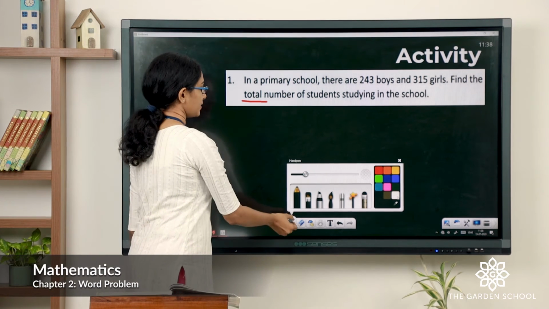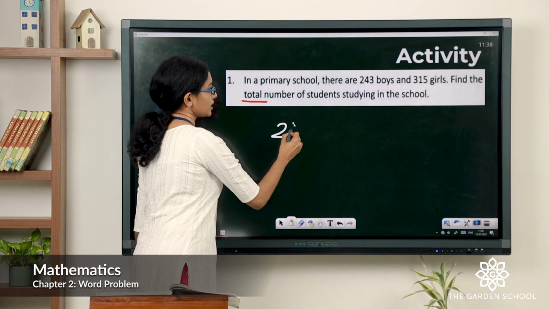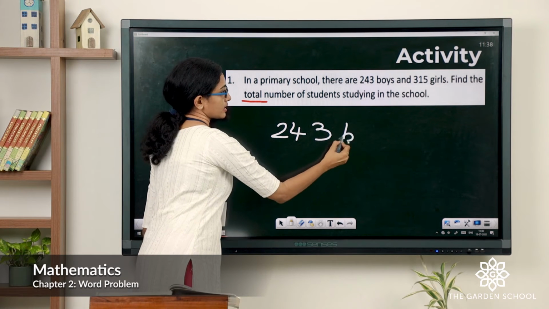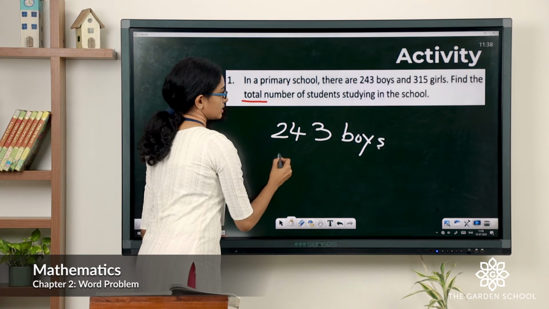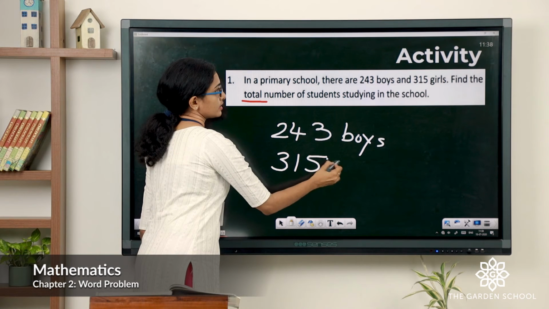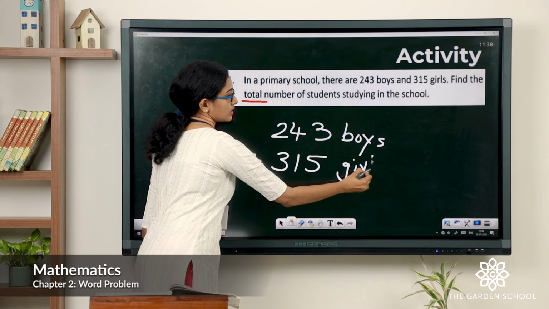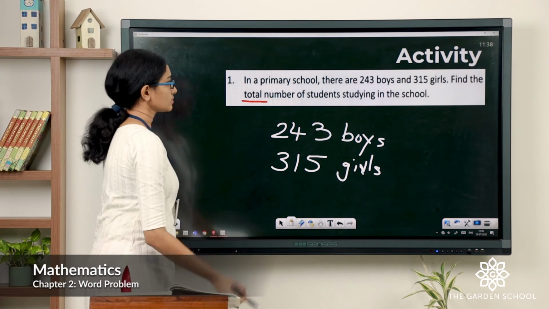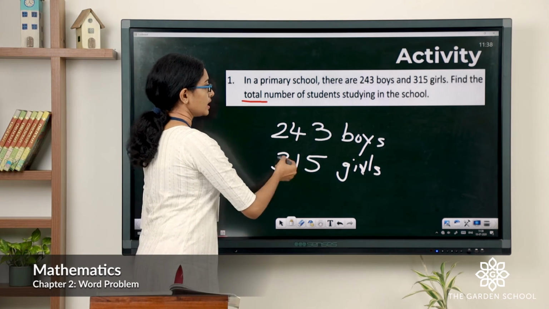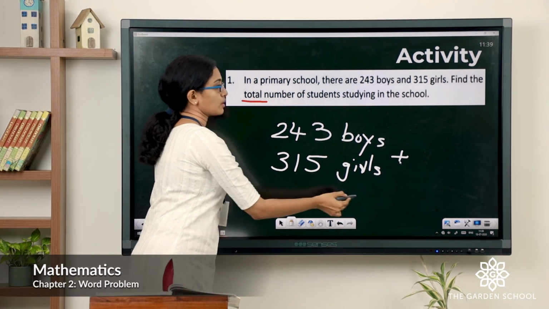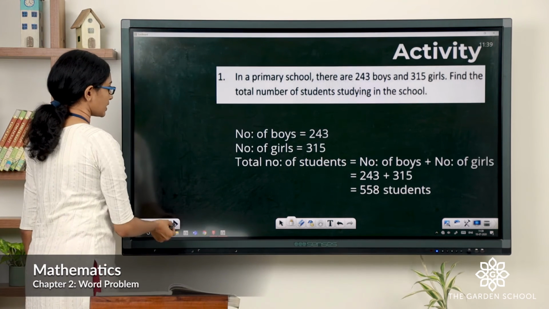So here it is said there are 243 boys and 315 girls. The total number of students will be number of boys plus number of girls. So let's see how do we write the steps.